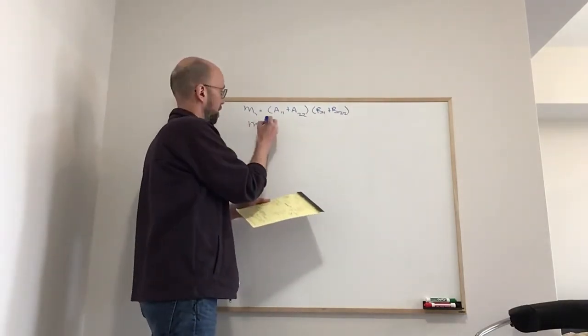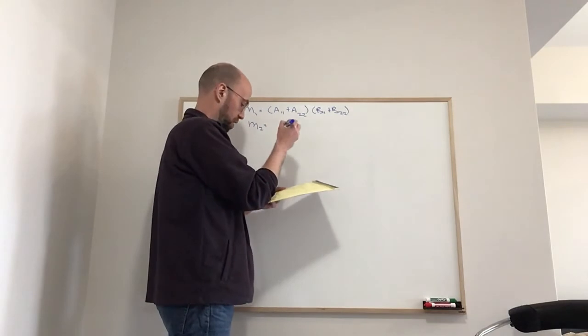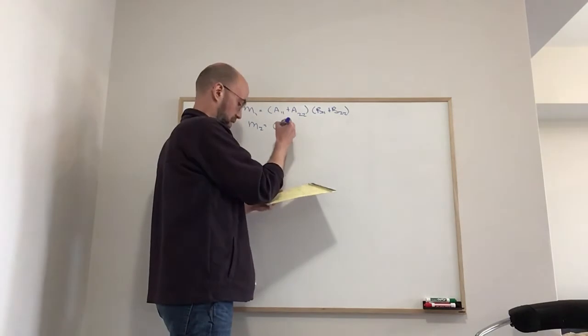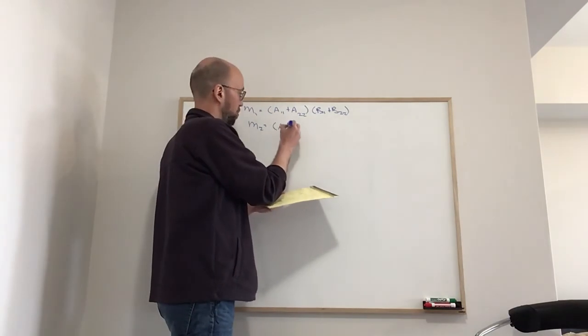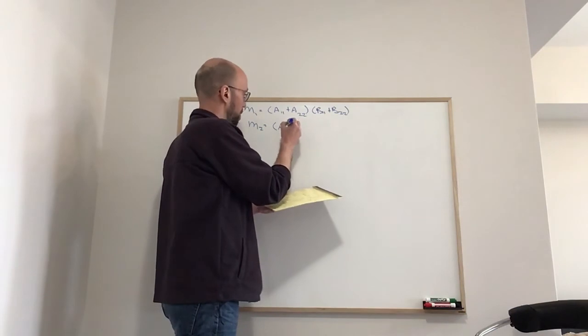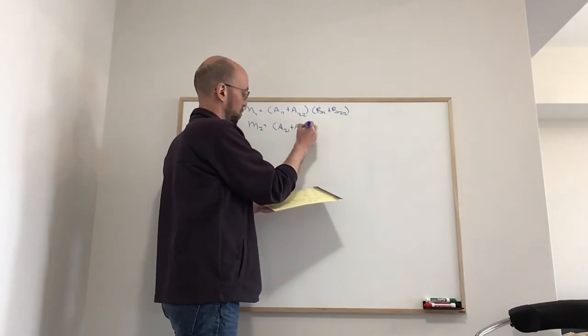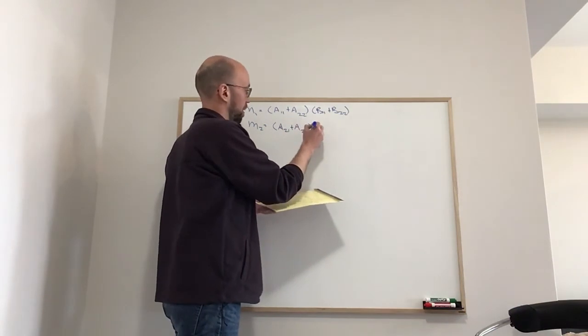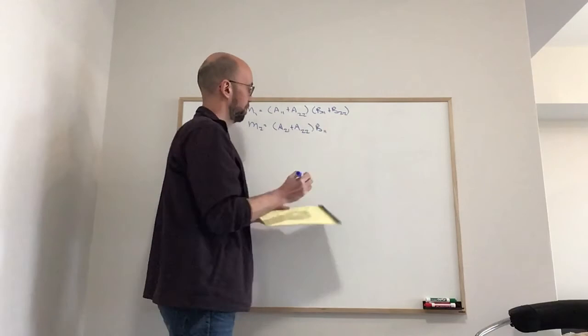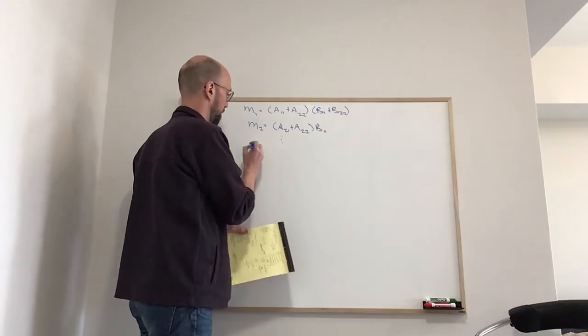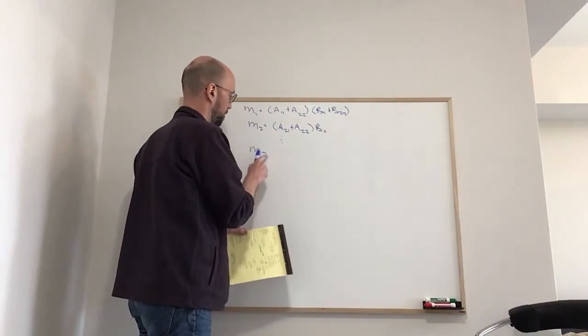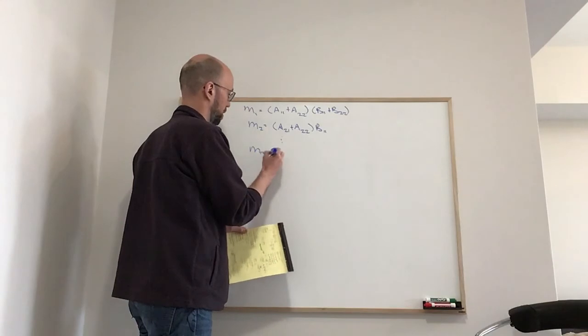M2 is A21 plus A22 times B11. I'm not going to write all of them out.